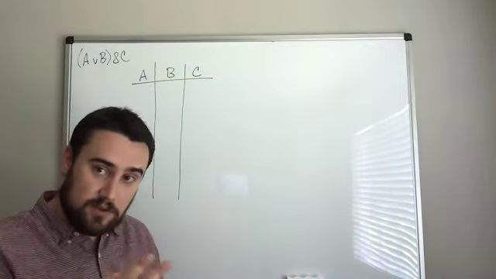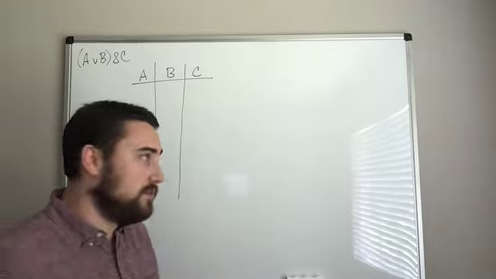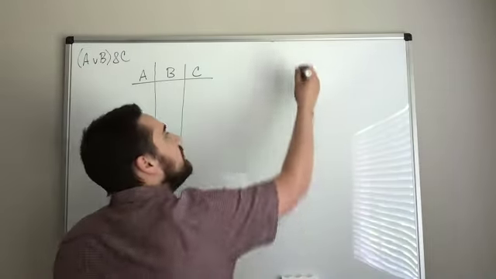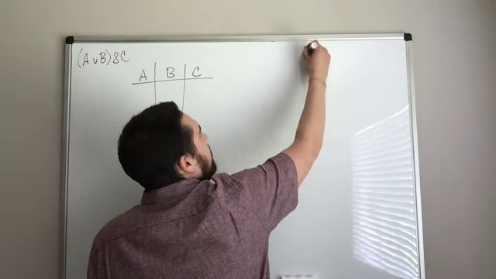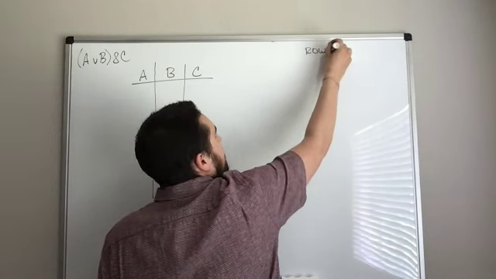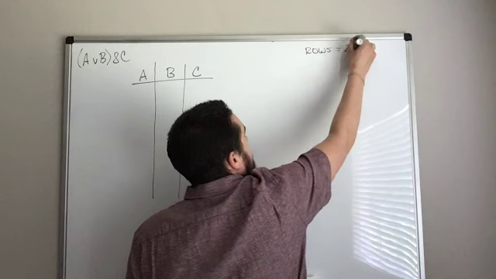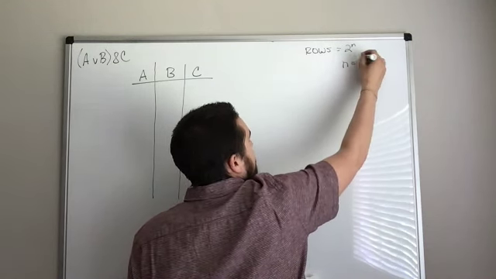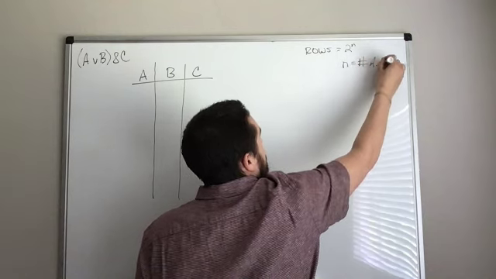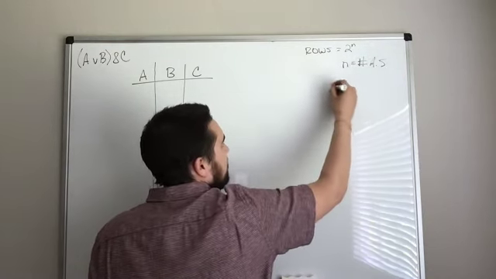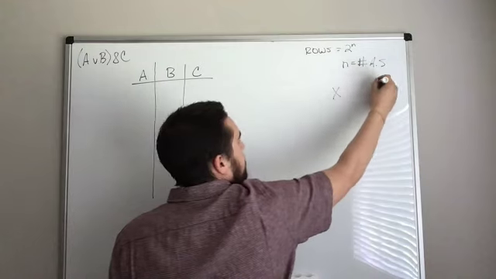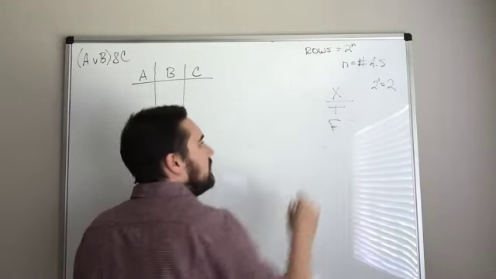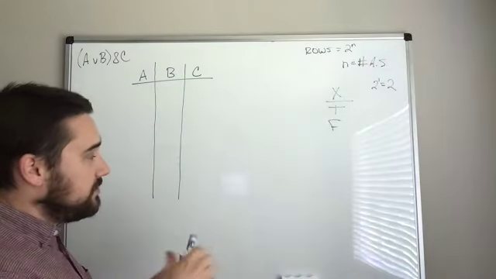When you have 2 atomic sentences, you only need 4 rows, as we've seen. So the formula is basically rows equals 2 to the n, where n represents the number of atomic sentences that you have. If you have 1 atomic sentence x, you have 2 to the first, which equals 2, and therefore you're going to have 2 rows.